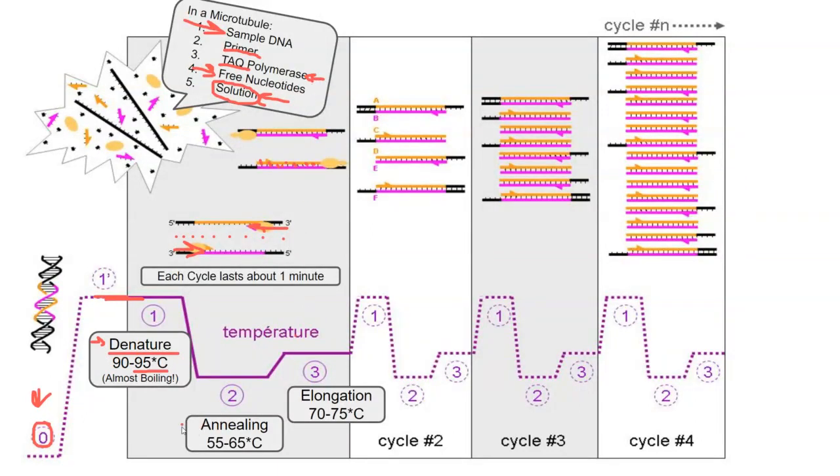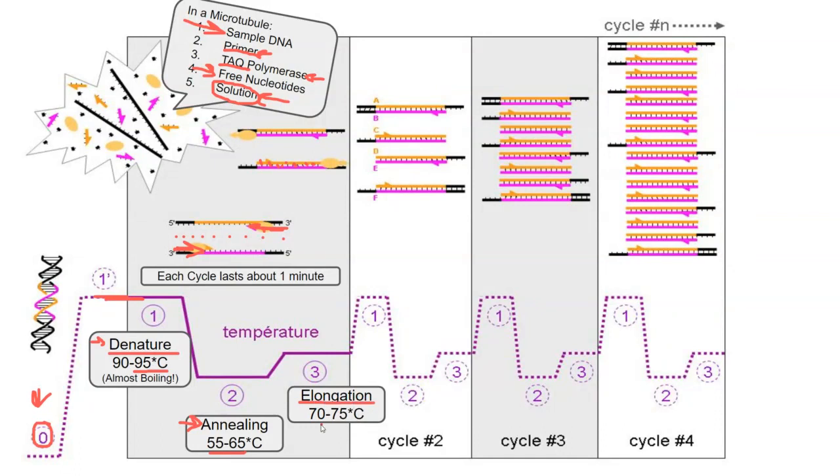The next step, we lower the temperature to about 60 degrees Celsius, which is called annealing. Now, you might think that the DNA will go back together, but since we put the primer in there, it's actually the primer that's going to grab onto the DNA, and the primer will grab onto the beginning of both strands of DNA. Then we are going to raise the temperature to the ideal working temperature of Taq polymerase.